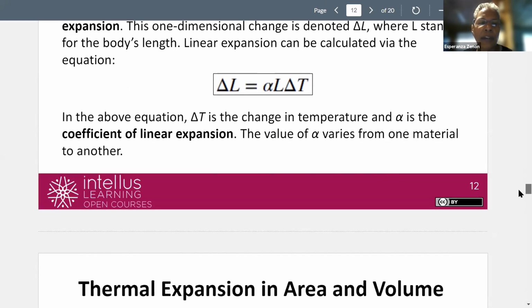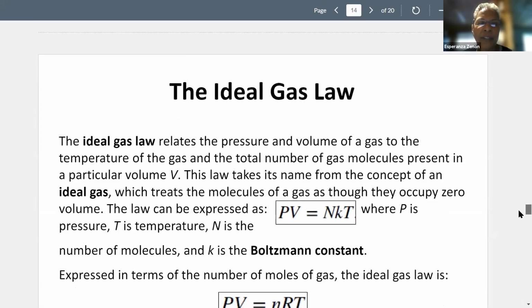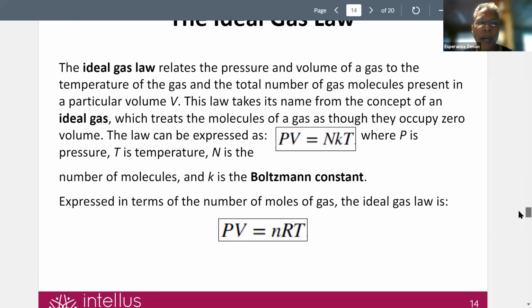We don't get into linear expansion, thermal expansion. We don't really beat up the ideal gas law. It's just that you need to understand that an ideal gas is not a real gas, but it does allow us to simplify things enough so that we can understand the behavior of actual gases.